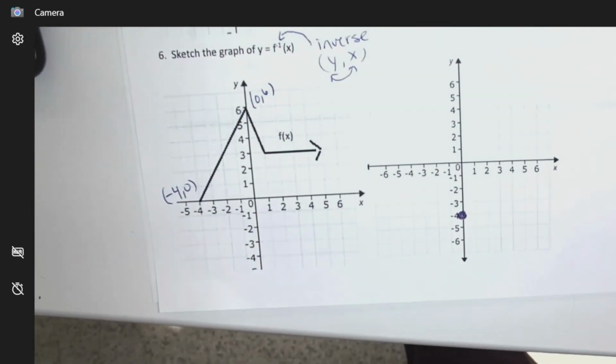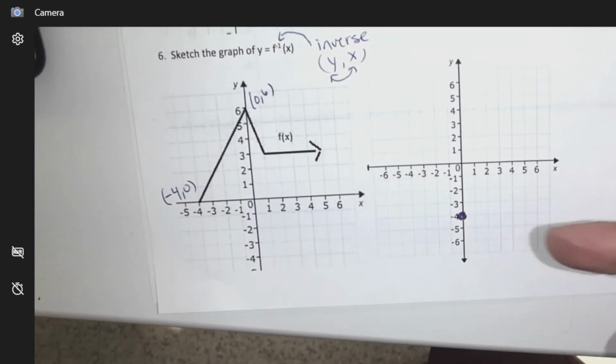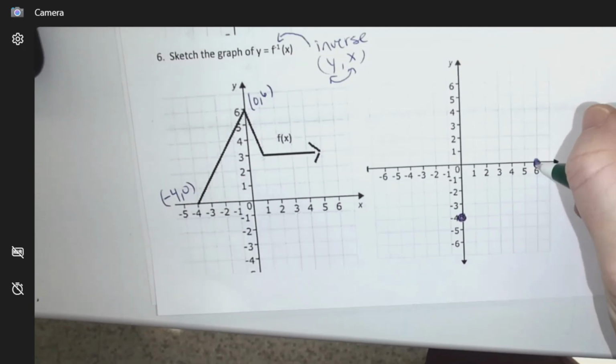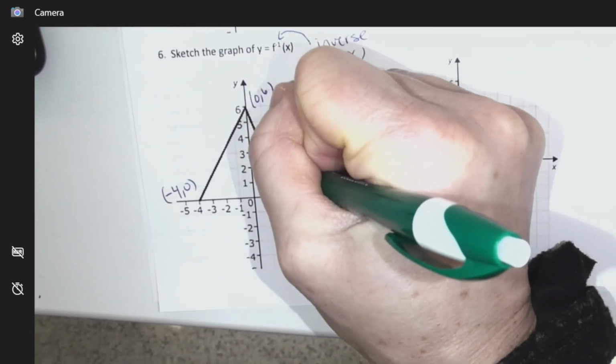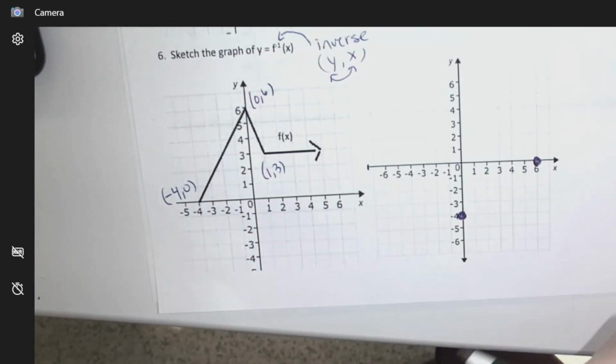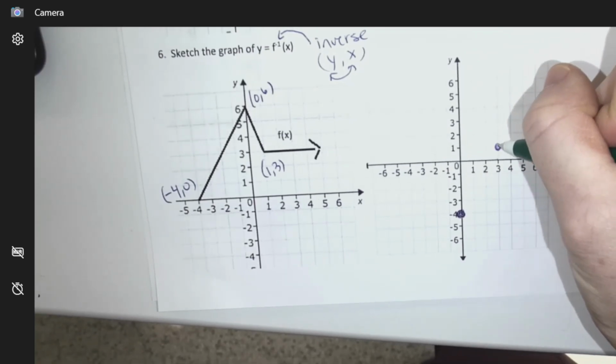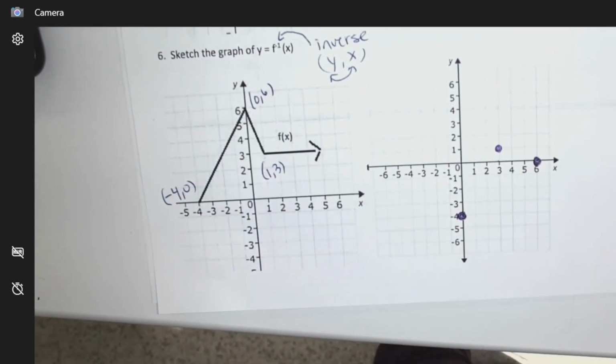0, 6 would become over here 6, 0. 1, 3 would become 3, 1. And then I'm going to do another one.